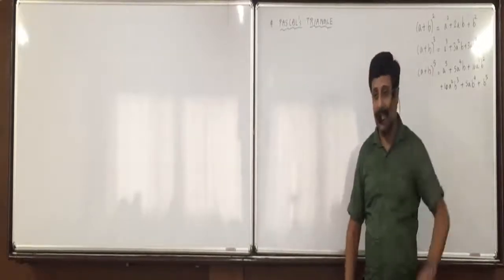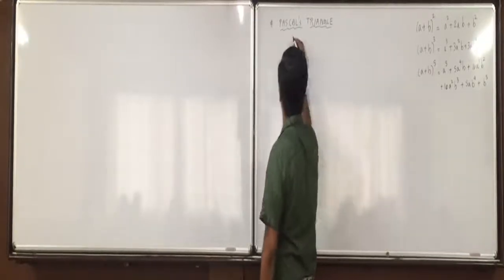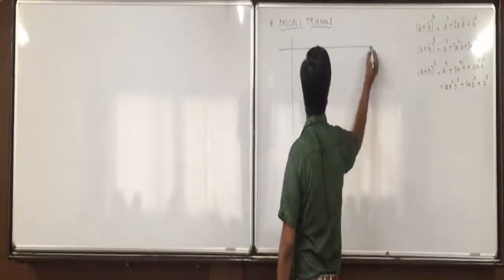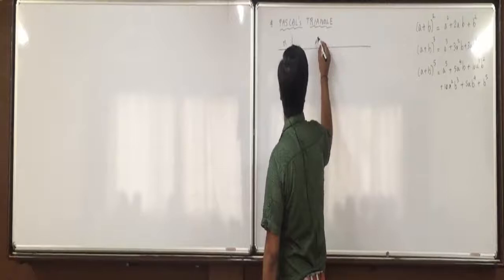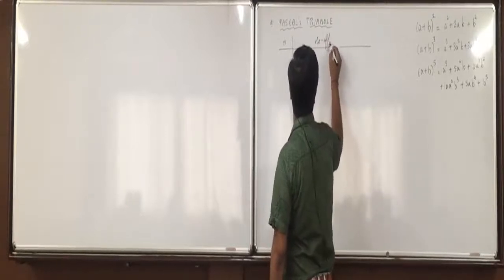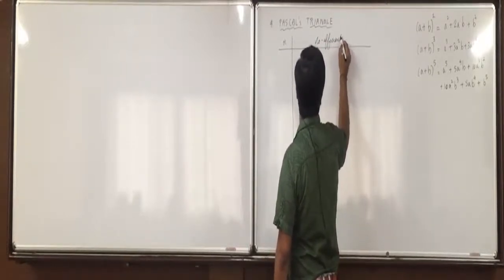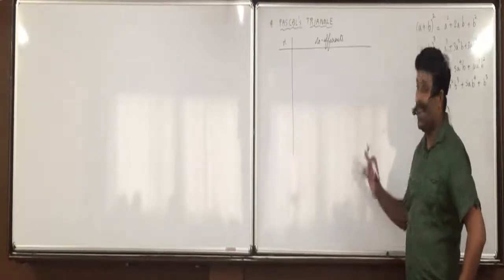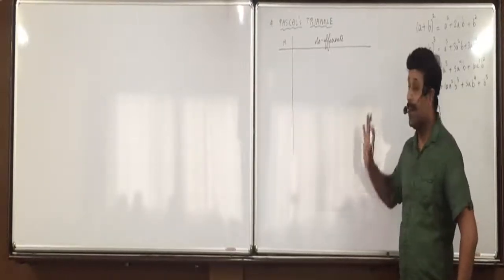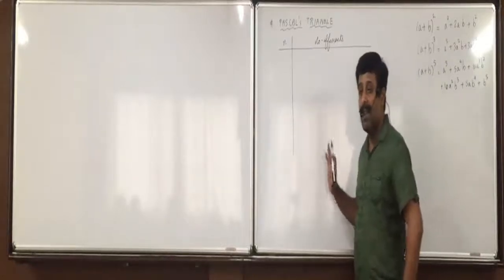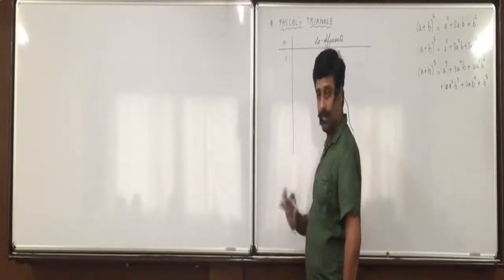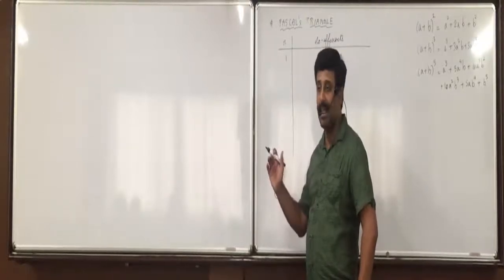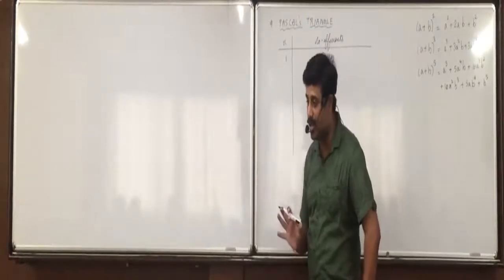Understand what is this Pascal's triangle first. Be attentive. N and coefficients. Here, minimum you will have 1. Okay, x plus a raised to 0, then answer is 1. Anything raised to 0 is 1.